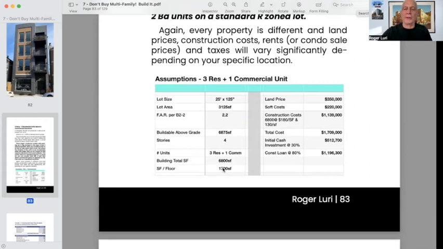So if you look at some of these assumptions here, the land price in this case is $350,000. Now, our soft costs are in here.